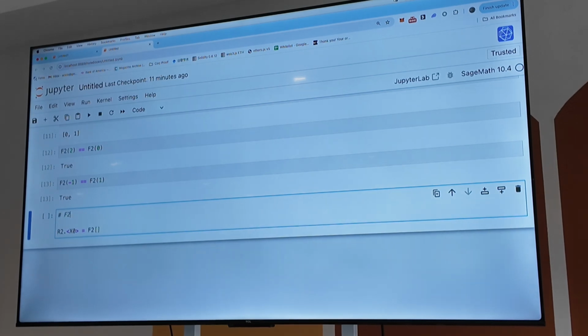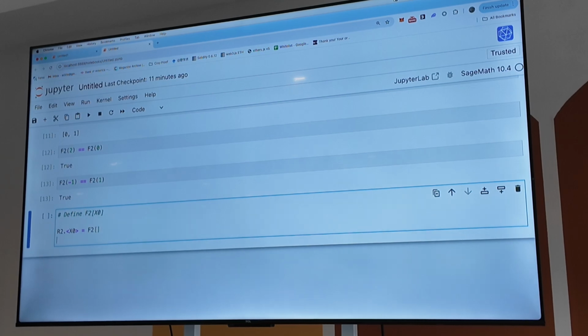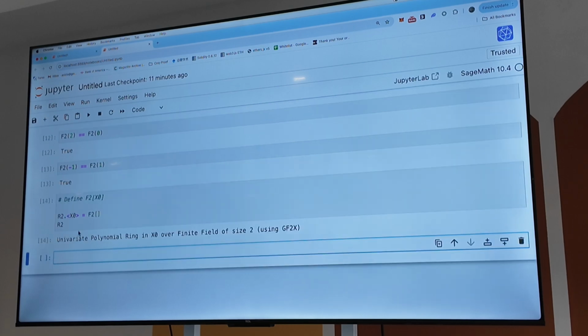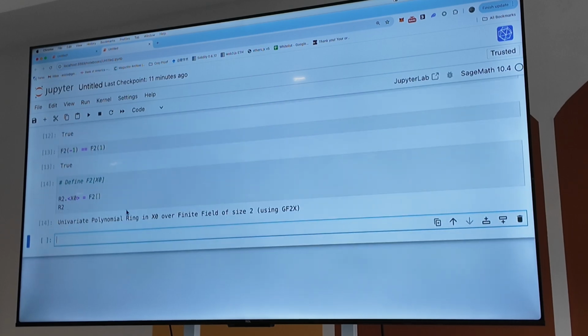Now we define F2[x0] and show R2. R2 is the univariate polynomial ring over F2 with the symbol x0 as the indeterminate.